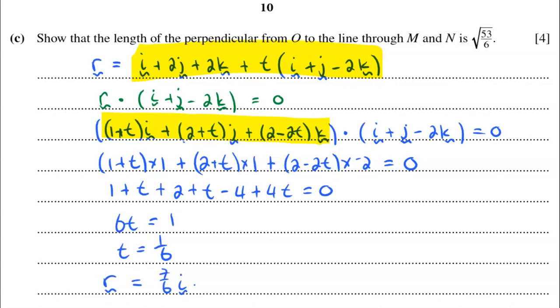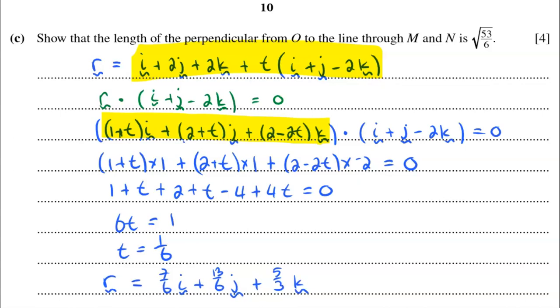And we've got 2 plus 1 on 6, which is 12 on 6 plus 1 on 6, 13 on 6 j. And we've got 2 minus 2 times t, so 2 minus 2 times 1 on 6 is 1 on 3. So we've got 2 minus 1/3, which is 6 on 3 minus 1 on 3, which becomes 5 on 3 k.